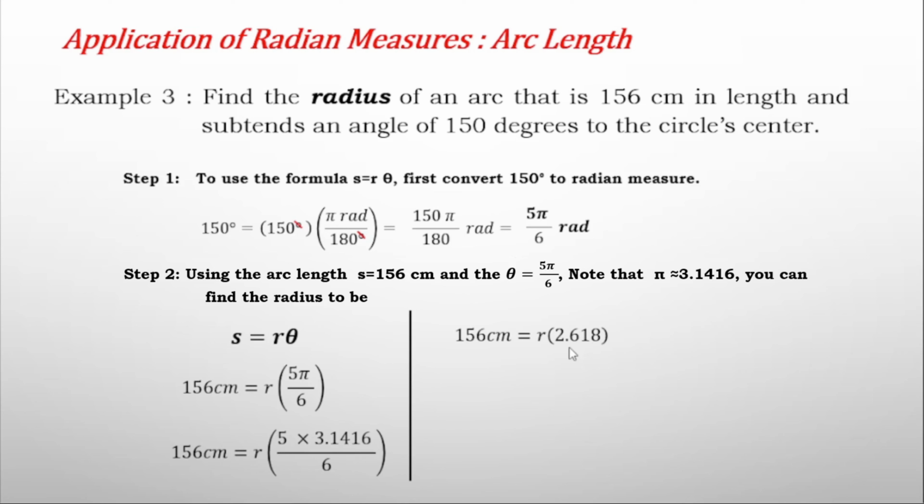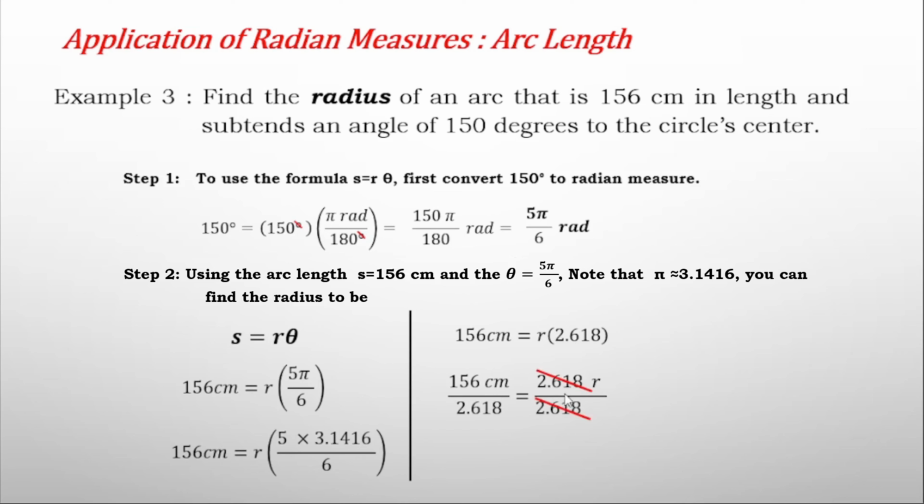And take note that we are going to find the value of r here. So to isolate r, we divide both sides by 2.618, because we need to find the value of r in the problem.